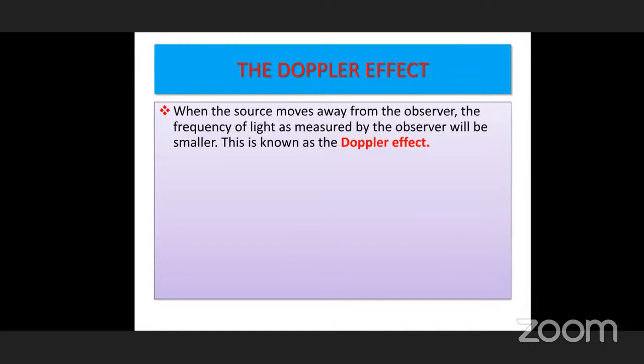Light is actually electromagnetic waves. It consists of a number of wavelengths. So frequency and velocity are considered. Velocity in vacuum is 3 into 10 power 8 meter per second. Now the frequency, while we are talking about frequency, is not easily found out.